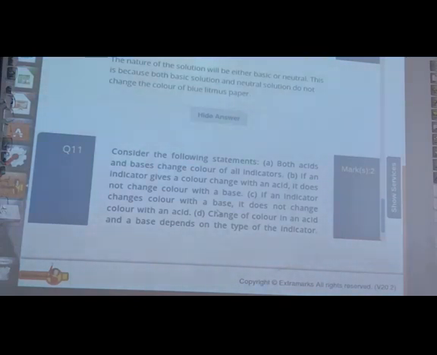C. If an indicator changes color with a base, it does not change the color with an acid. D. Change of color in an acid and base depends on the type of the indicator. Okay, so just see the answer. These are the statements. Which of these statements are correct?